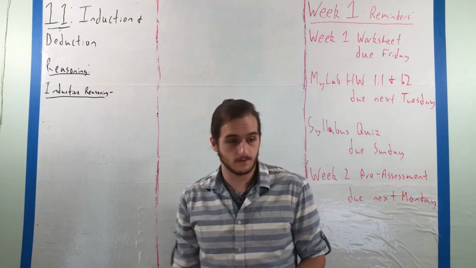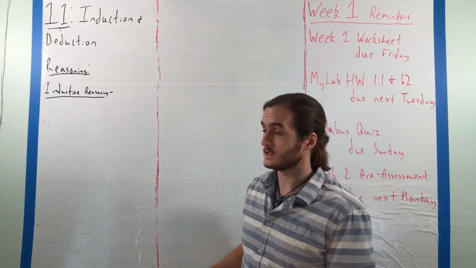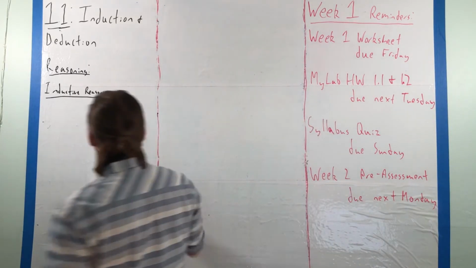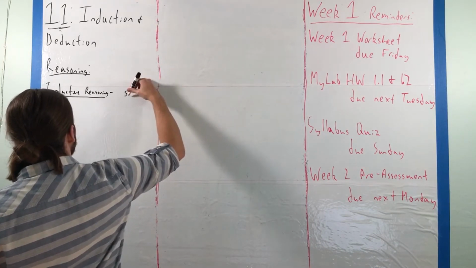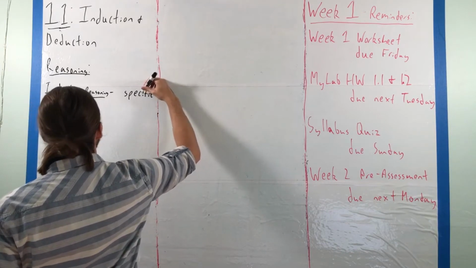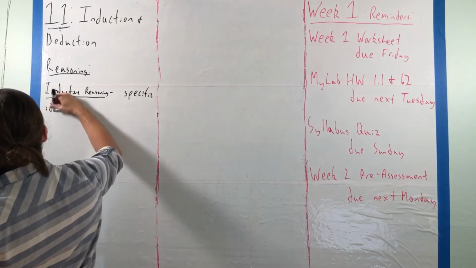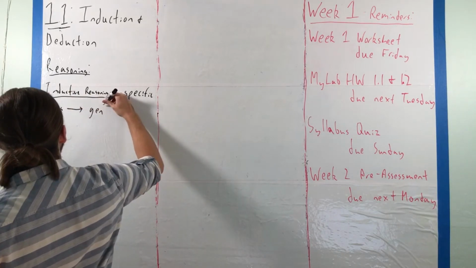The definition of induction is the process of drawing general conclusions from specific evidence. So if you want to think about it this way, induction is a process by which we take specific ideas and draw from them general conclusions.